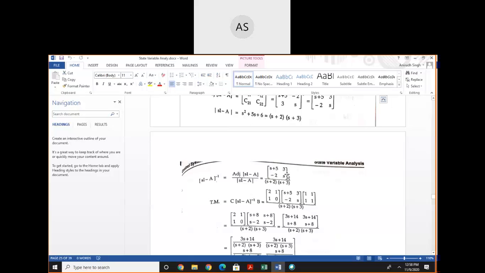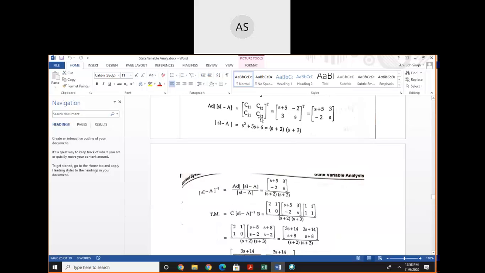So the inverse of SI minus A is the adjoint matrix of SI minus A divided by the determinant of SI minus A. The adjoint of SI minus A is given by this matrix and the determinant is given by this.